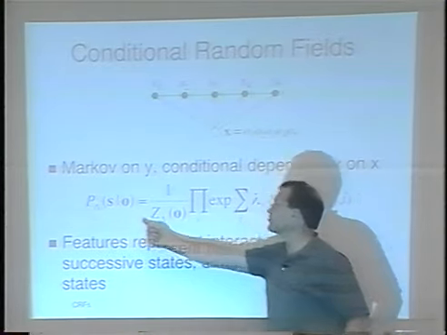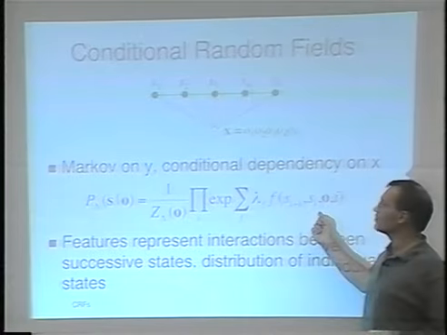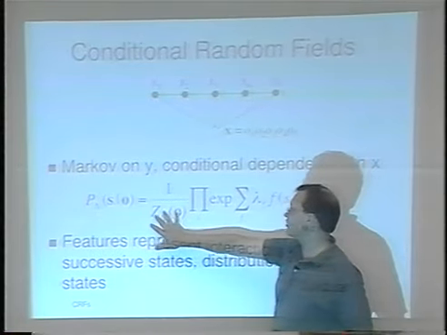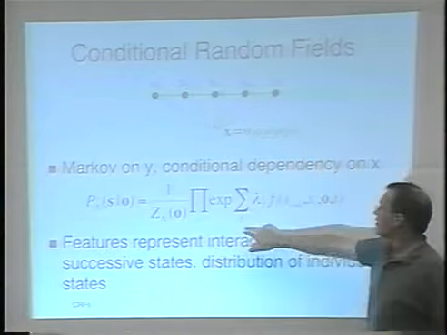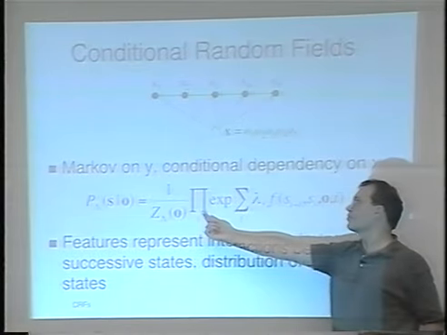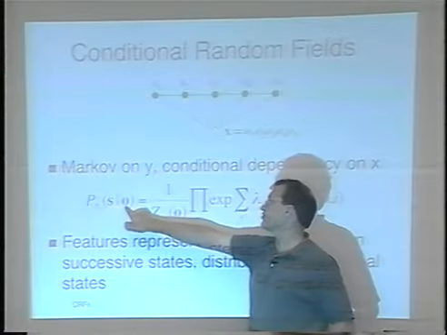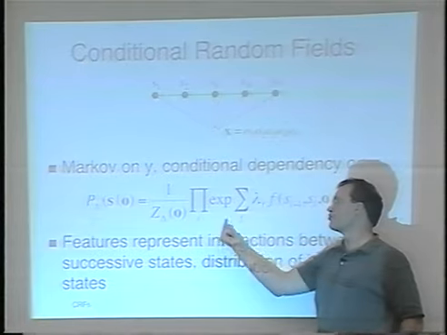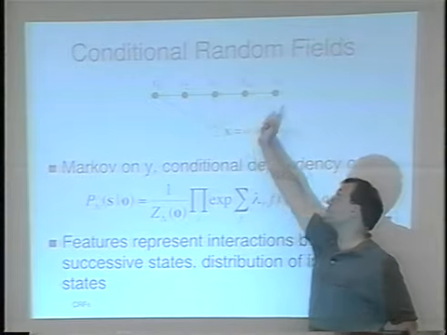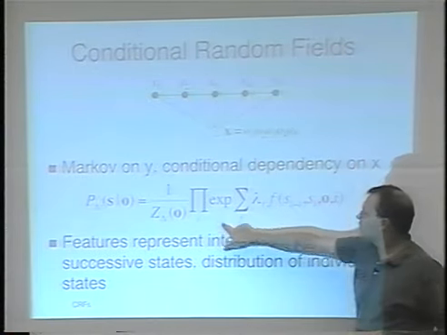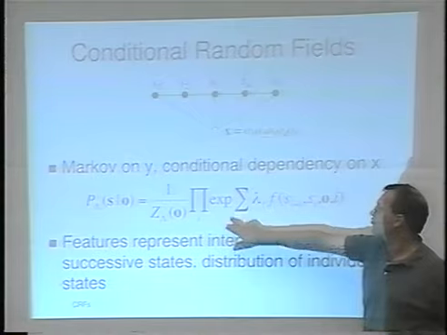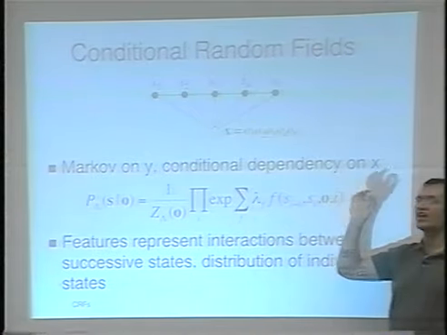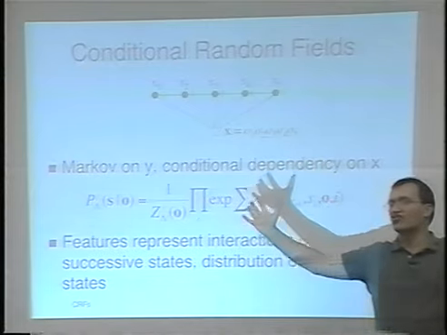And the model is going to be an exponential model, which is global for the whole sequence problem. So there's going to be a normalization on the observations, and the probability of some state sequence given observation sequence is going to be a product over positions, where i is a position going over the sequence, of terms of this form, where lambda f is some feature. Features here are some class of functions that are given to us.